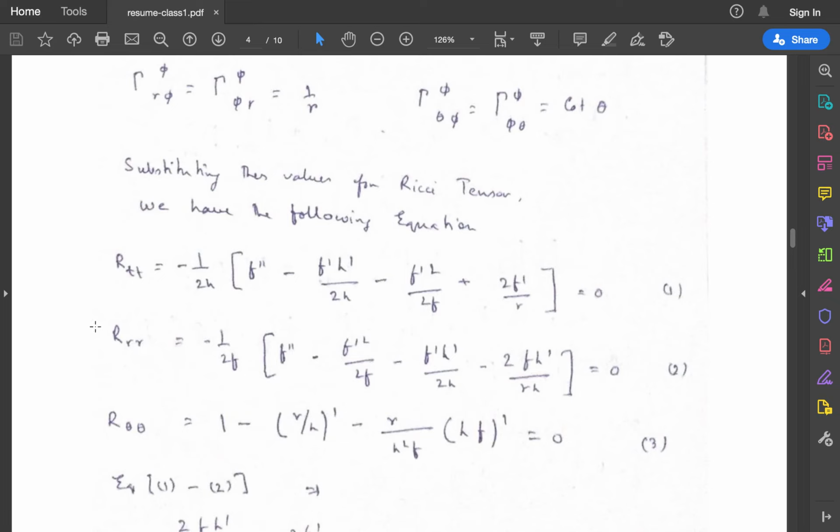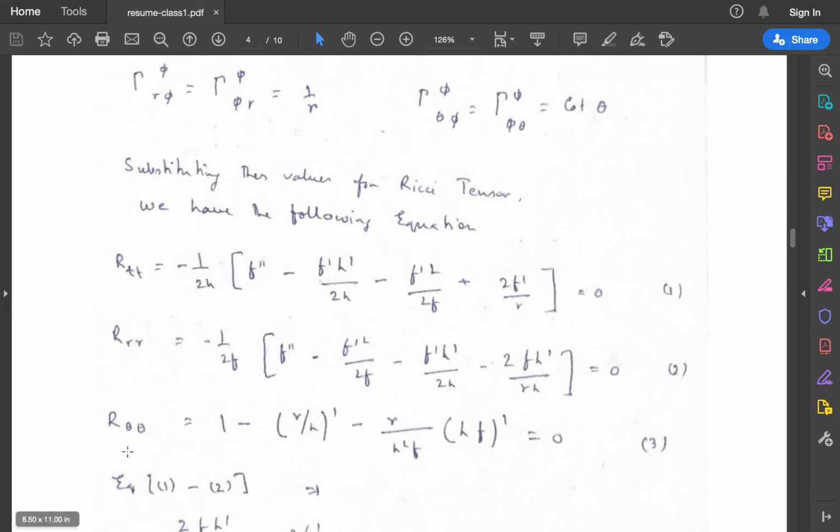Again, R_rr will be minus 1 of twice f double dash minus f dash square by twice f minus f dash h dash by twice h minus 2 f h dash by rh, which is also equal to 0.